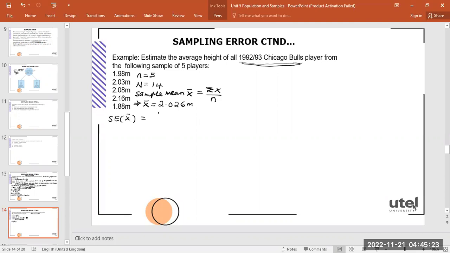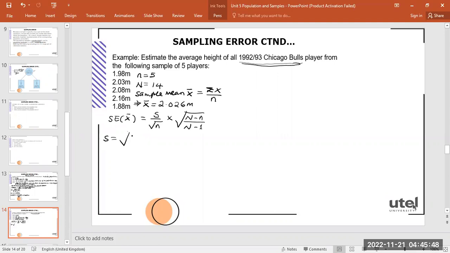It is S divided by the root of n, multiplied by the root of capital N minus small n, divided by capital N minus 1.